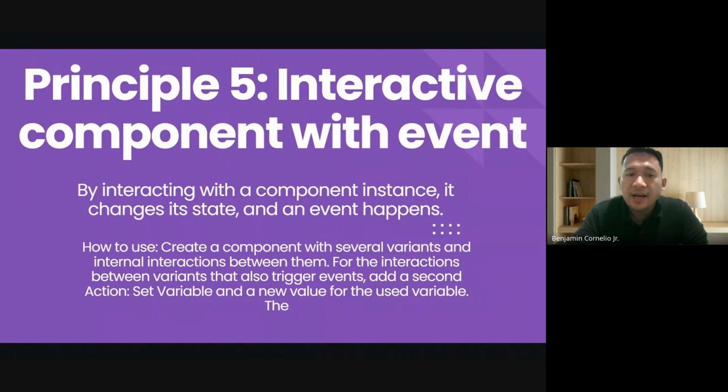Principle 5, interactive component with event. By interacting with a component instance, it changes its state and an event happens. So how to use this one? Create a component with several variants and internal interactions between them. For the interaction, it's similar to the first example earlier or the second one, the same principle. For the interaction between variants that also triggers an event, add the second action, set variable, with a new value for the used variable.